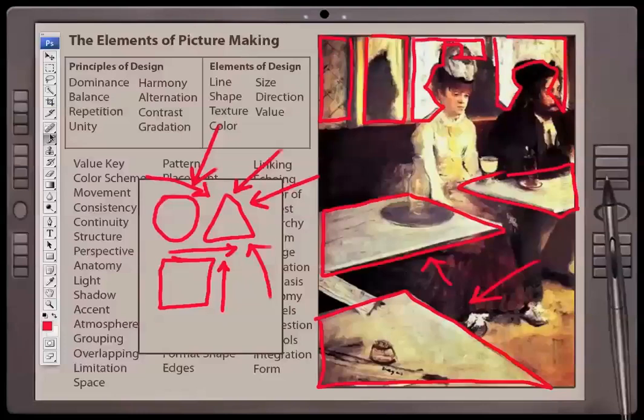Degas' painting also has curving shapes, and you can see one right there, and right here, these little ovals, and even here at the bottom of the bottle, and her hat is a curving shape. Right there, an oval, another oval.